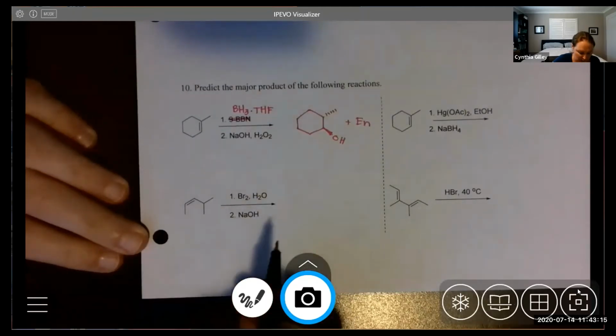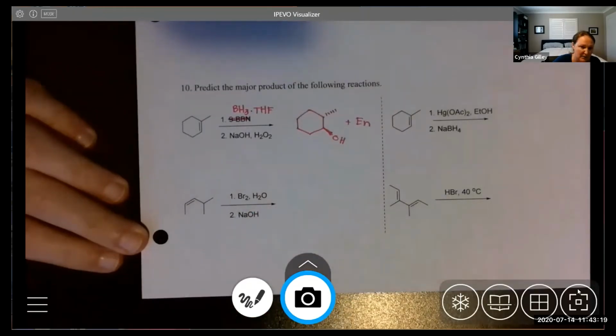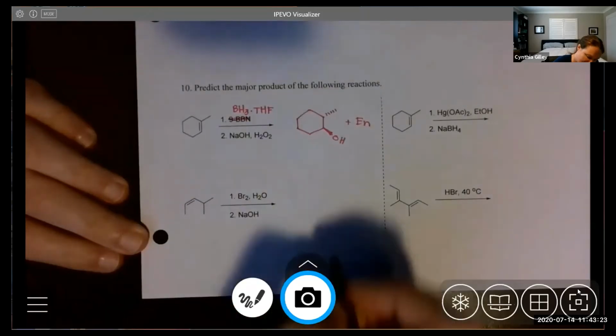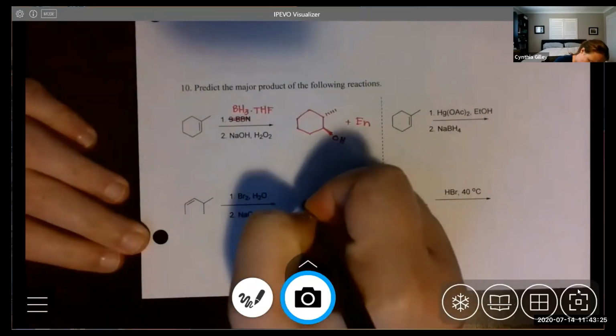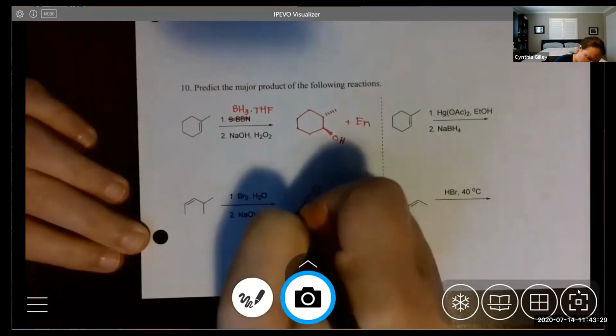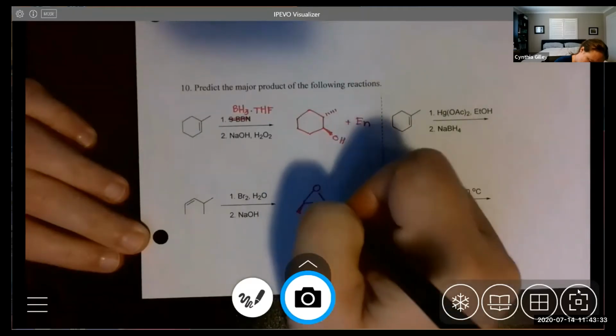So that's stereochemistry. And here, this is an epoxidation condition, right? So bromine in water followed by sodium hydroxide will form the epoxide. And then because these two groups are on the same side, then we typically can just draw those two groups both on a dash or both on a wedge. So I'm just going to draw them both on a wedge.